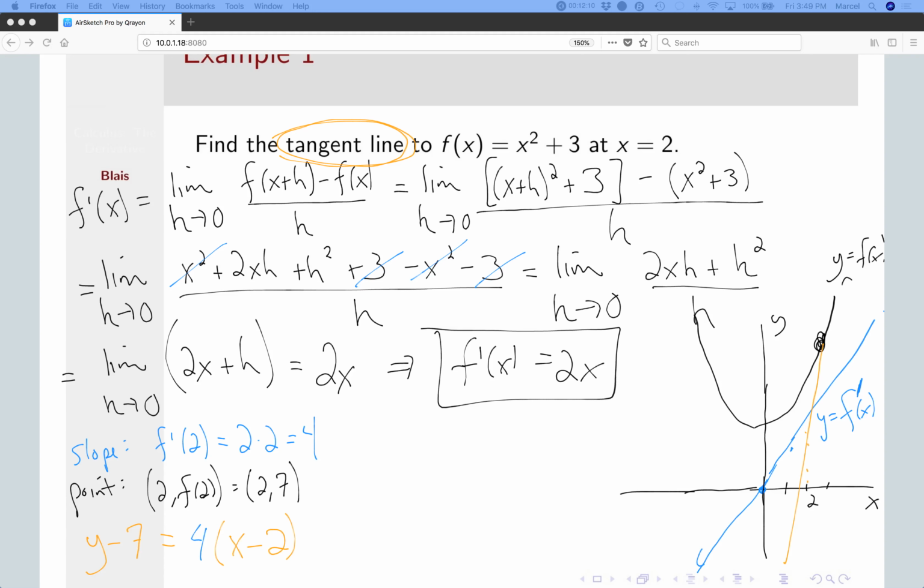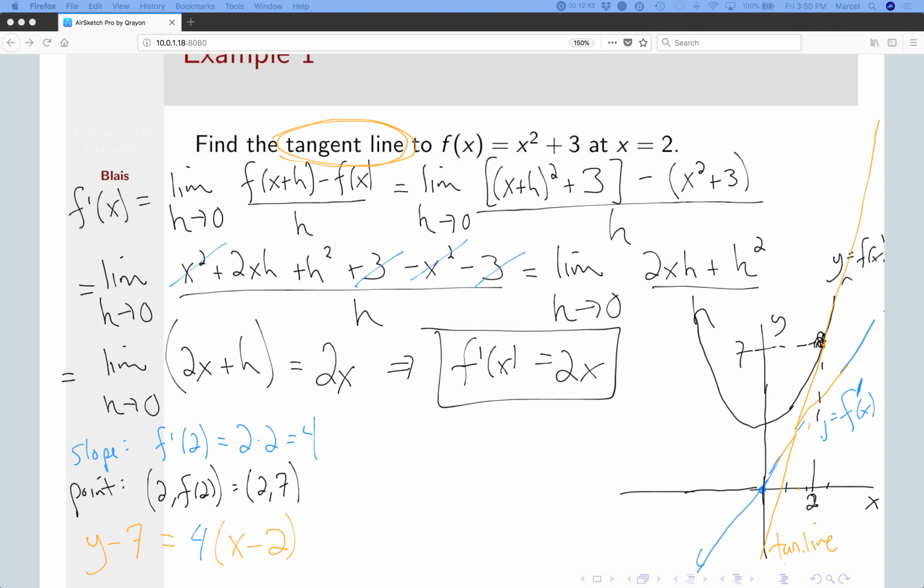That wasn't very good either. So there's our tangent line. And we have a slope of 4. So again, the point here is 2, 7, and the slope is 4.